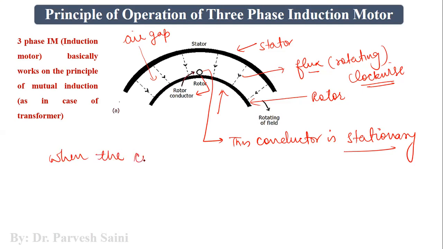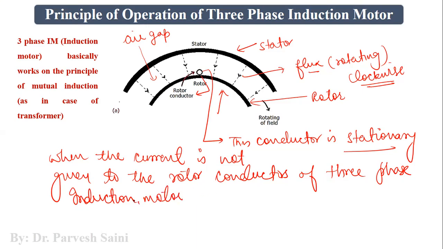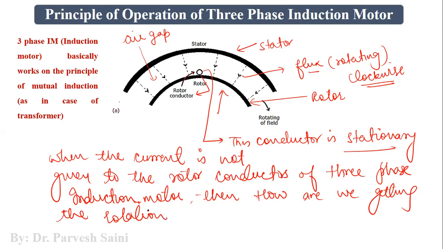When the current is not given to the rotor conductors of a three-phase induction motor, how are we getting the rotation of the rotor? This is the question.